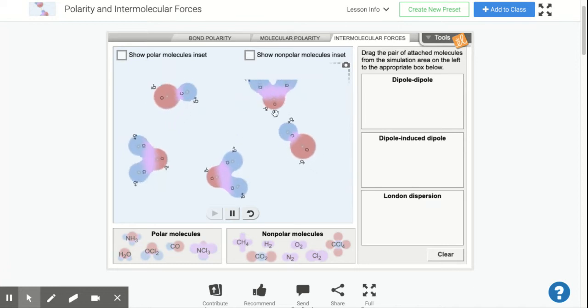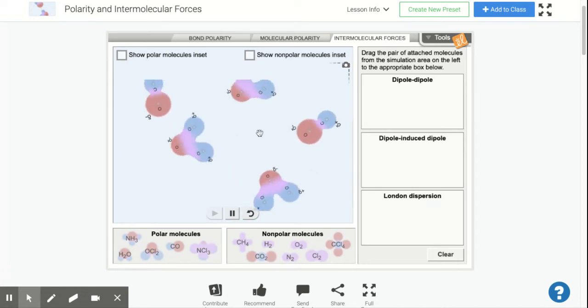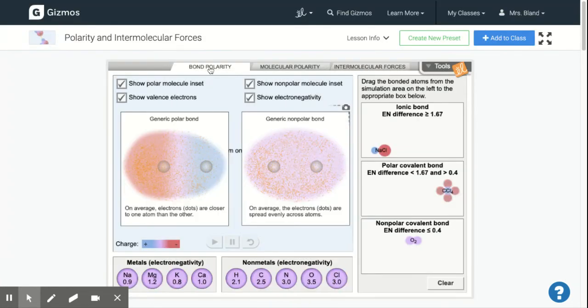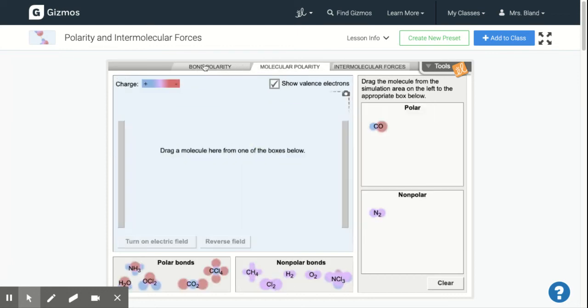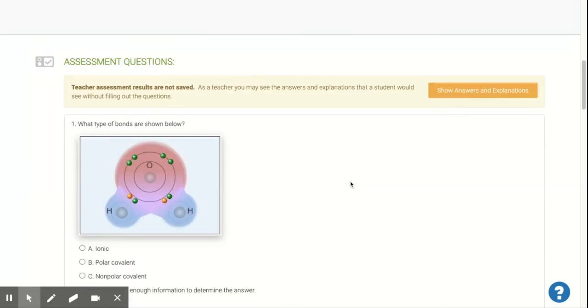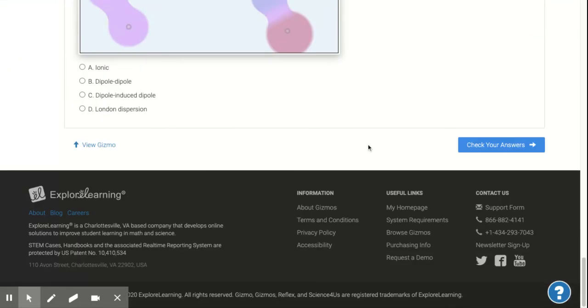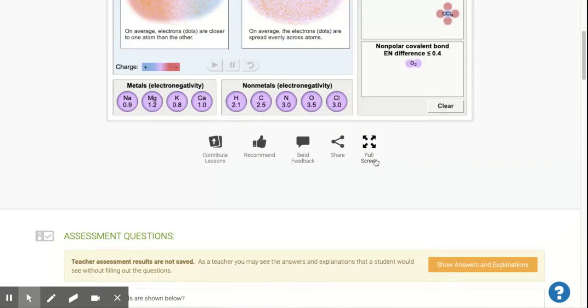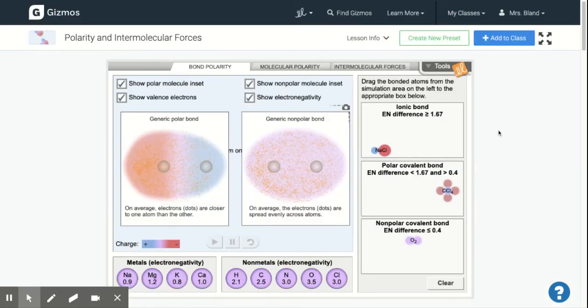So if this is actually part of the assignment, you can ignore that. What you'll focus on is your bond polarity and then the molecular polarity. This down here with the assessment questions, you're not doing that. You don't need to do these. They're there, it's an option, but you don't have to do those.